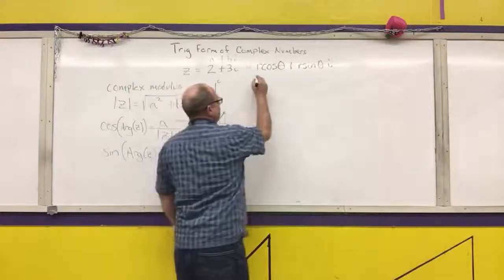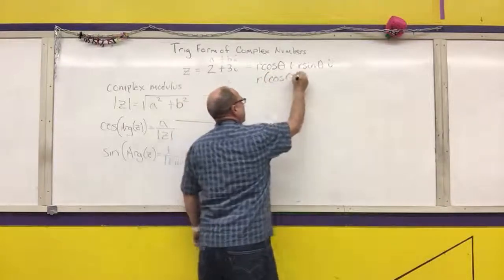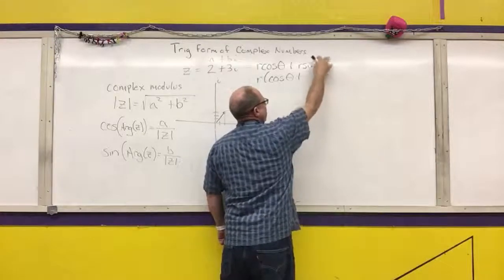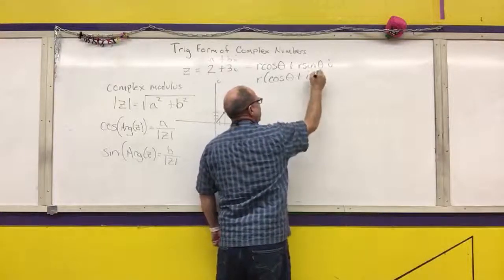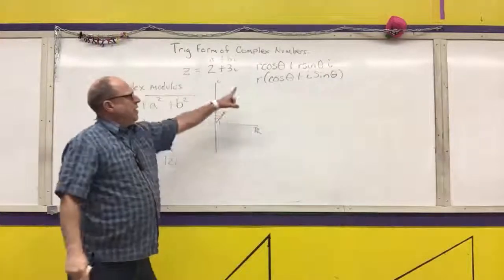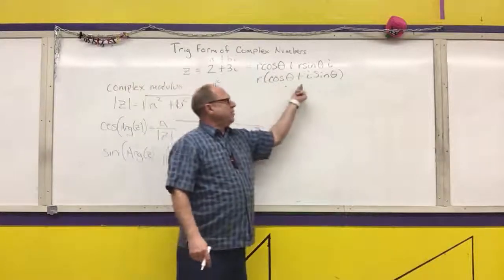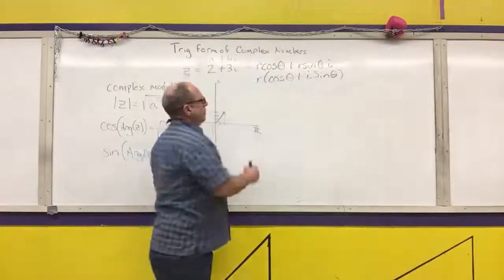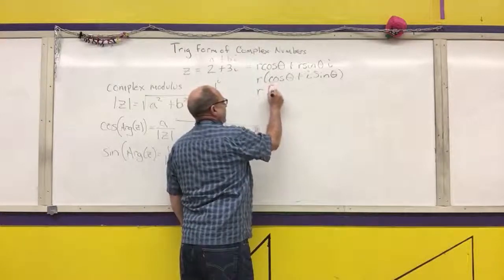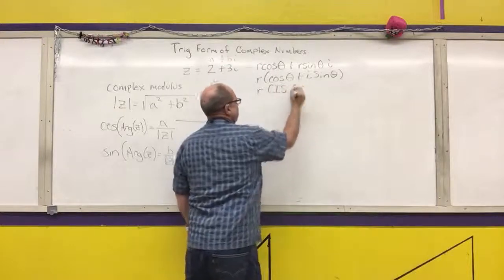I can factor that out, and I'm going to put the i in front, so that there's no confusion that I'm taking the sine of theta i. And that is the trigonometric form of a complex number. It's r times cosine theta plus i sine theta. And you may see this as r cis theta.